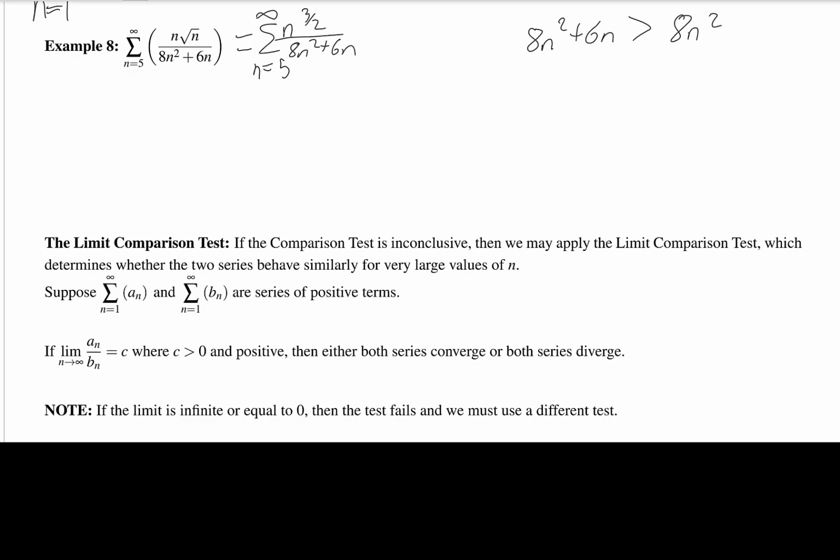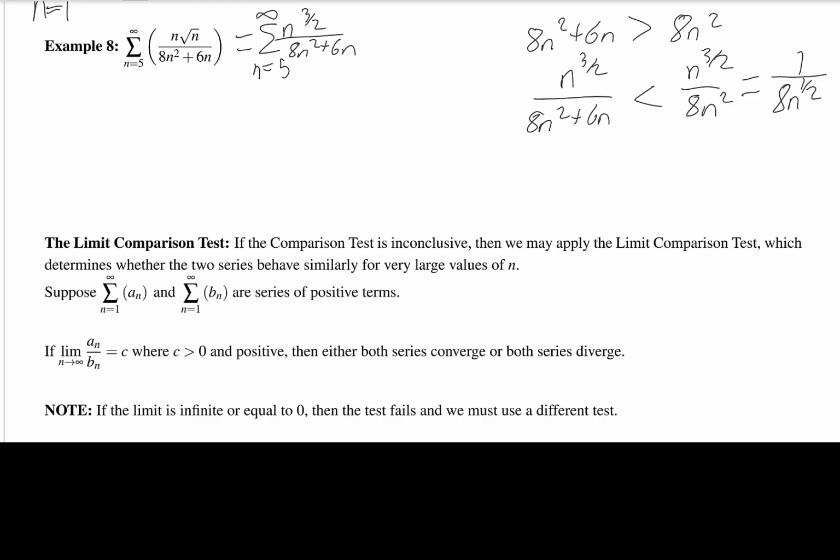So then we get that 1 over 8n squared plus 6n is less than 1 over 8n squared. I'll multiply by n to the 3 halves on both sides. And so this is going to be 1 over 8n to the 1/2.